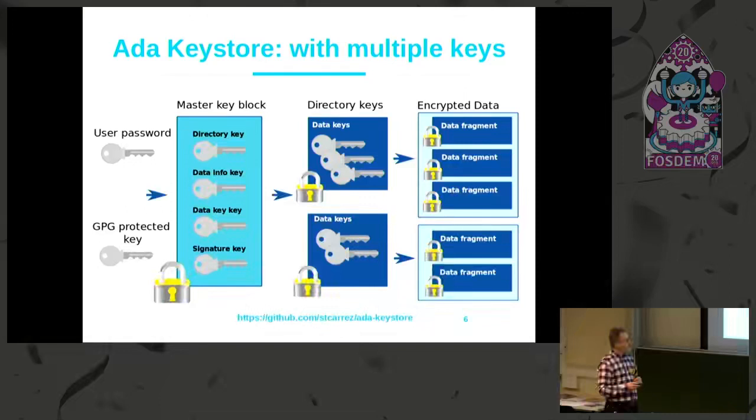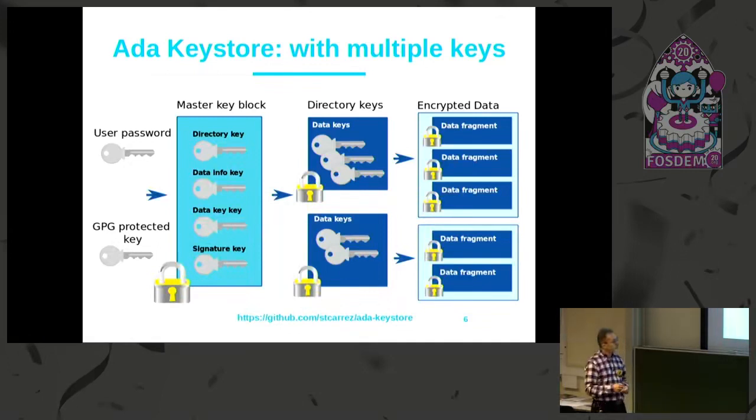Just to show an example, let's say I have two documents. The two documents are split in data fragments. Each fragment is around 4 kilobytes, and each data fragment is encrypted with its own key. So for the first document, I have three different encryption keys, and for the second document, I have two data fragments, so two encryption keys.